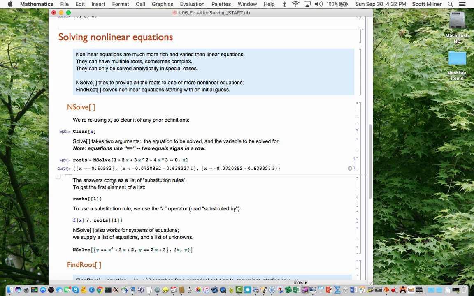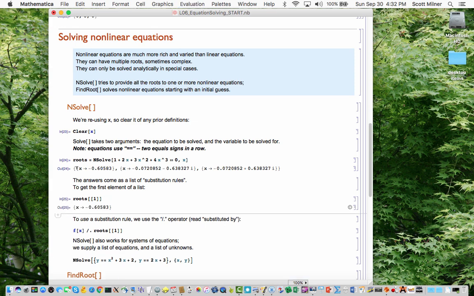When you actually want to use those, well, first I can ask for the first one of them in the list, so roots sub 1, you might say.